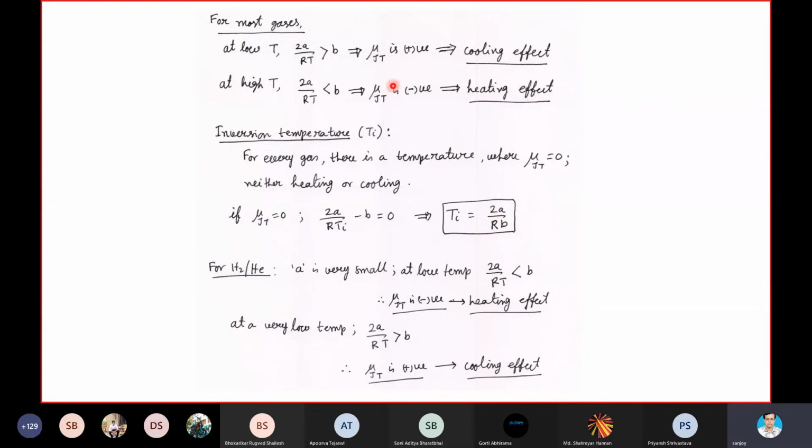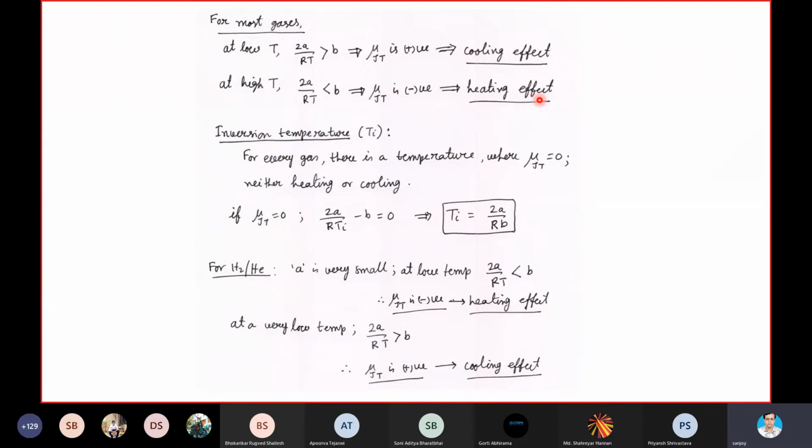So the comparison between the two changes at different temperatures. If you systematically change temperature from low to high, you will see a cooling effect transforming into a heating effect. Same gas, a and b are the same, but as you keep changing the temperature, at some point this term will become less instead of greater at a high temperature. So a cooling effect can become a heating effect at different temperatures.